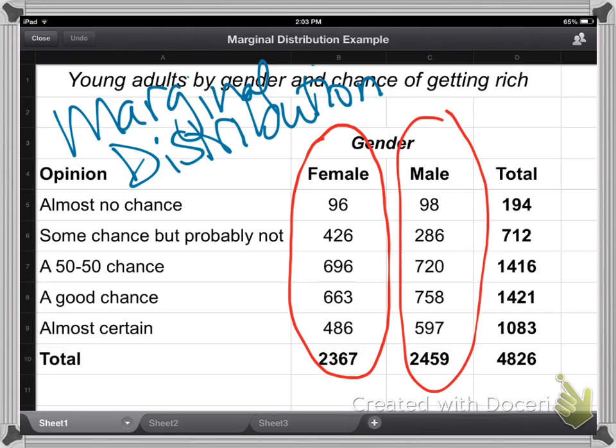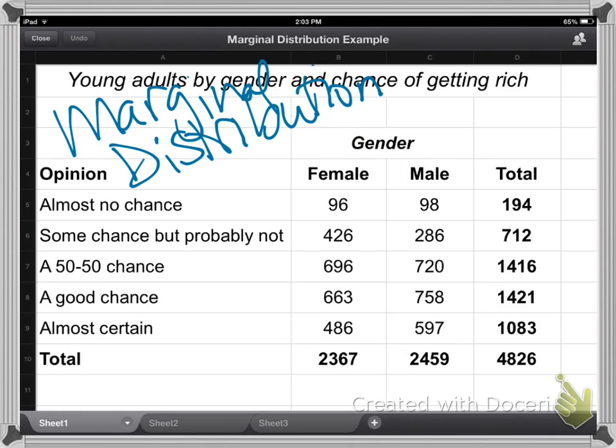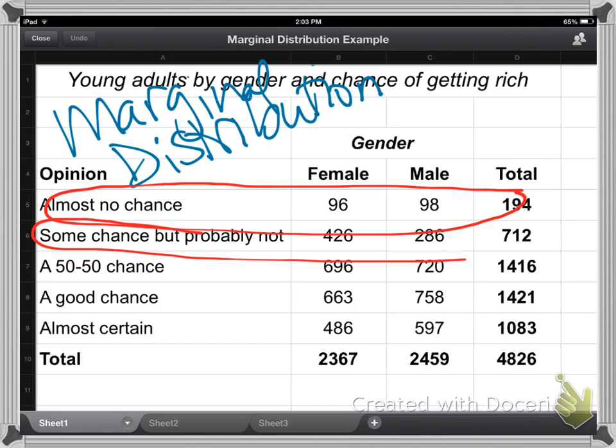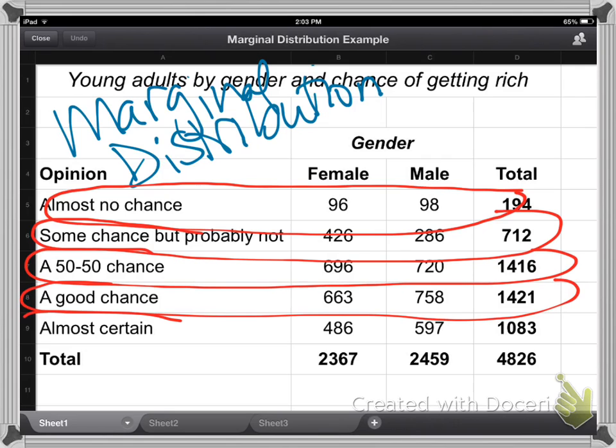We also have the marginal distribution for the male respondents. So if we're looking at gender, we have 2 different marginal distributions that we can examine. If we're looking at opinion, though, we actually have 5 different marginal distributions that we could look at, because there were 5 different opinions that could be given. So we're looking at across the rows that way.